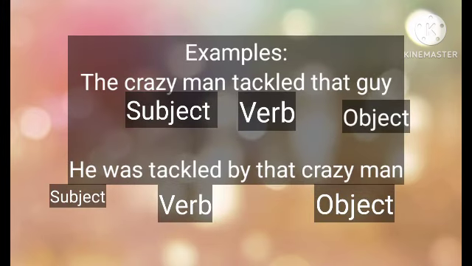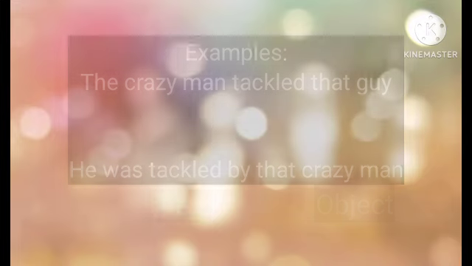For example, the crazy man tackled that guy, with our subject being crazy man and that verb is tackled and our object is the guy. For the second example, he was tackled by that crazy man. Our subject here is he and verb is tackled and object crazy man.